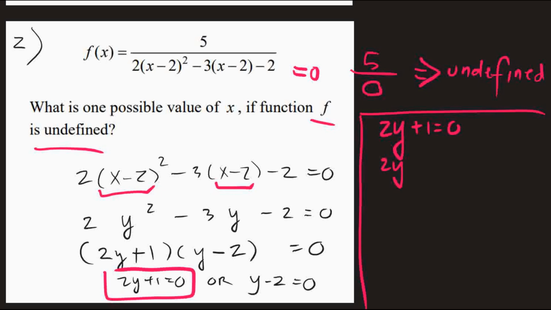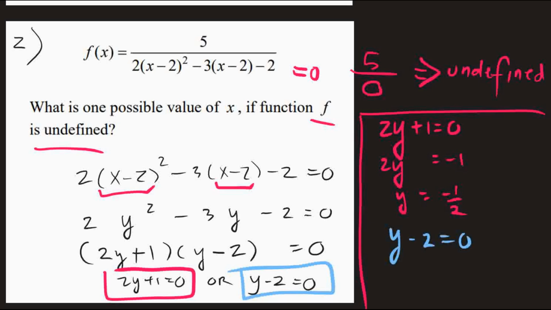So 2y equals 0 minus 1. y equals minus 1 over 2. Or the second one is this one. I better write this in blue. Now y minus 2 equals 0, so y equals 2.